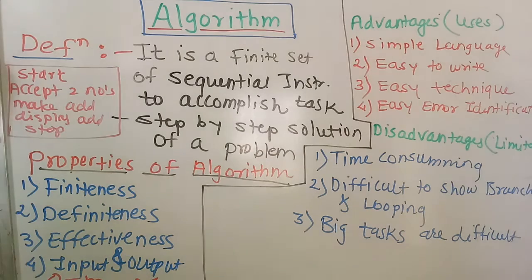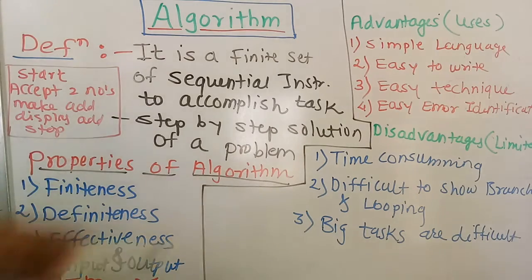Like I have written here, these are simple plain English statements, so it is a much easier task for the developer to write the algorithm. There is no specific structure we have to follow while designing the algorithm.